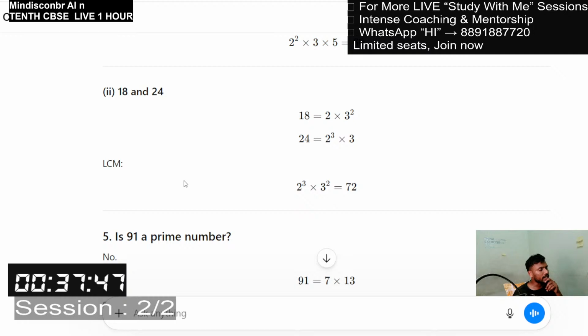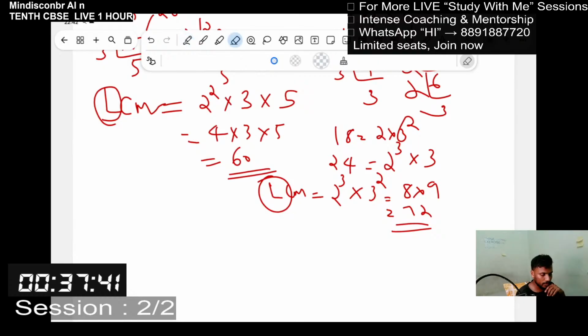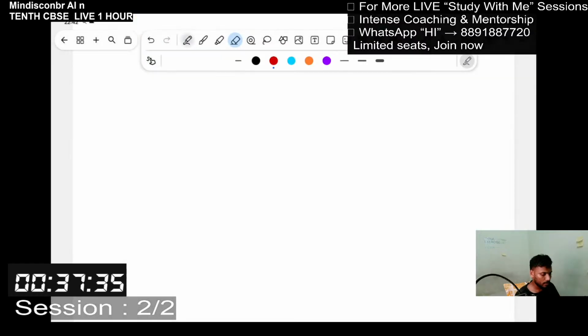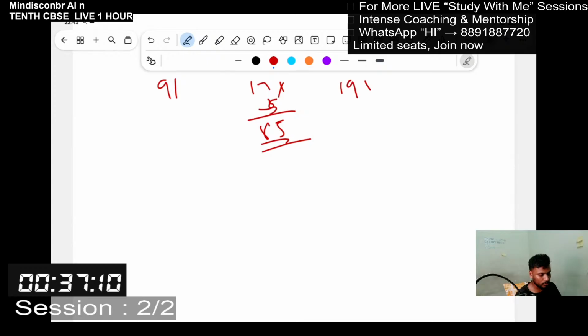Next question: is 91 a prime number? 91 can be expressed in terms of 17, 17 into... Sorry. Trying 17, 19, no. 13 into 7 is 91.